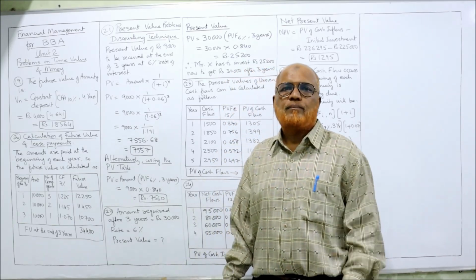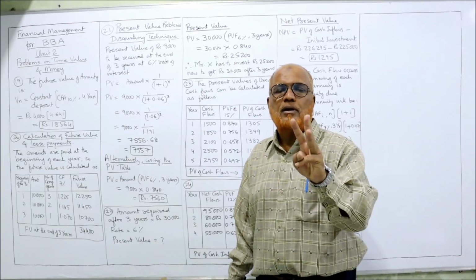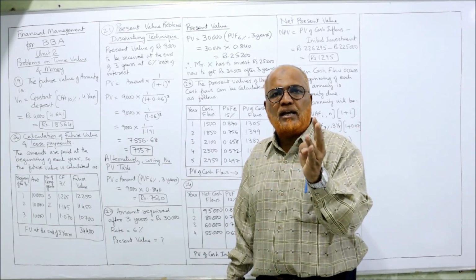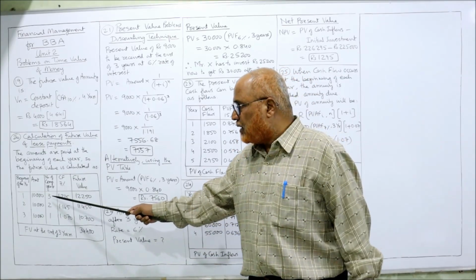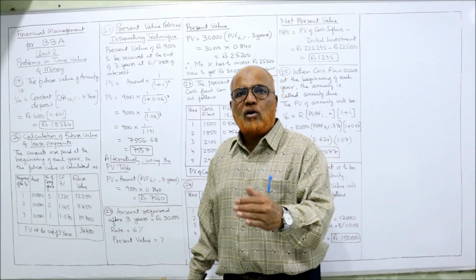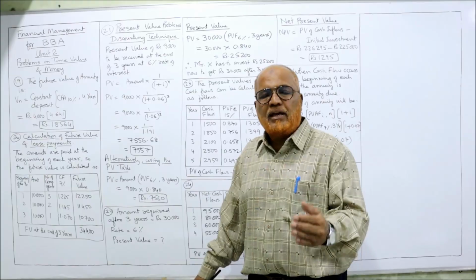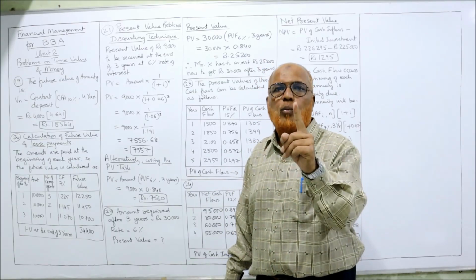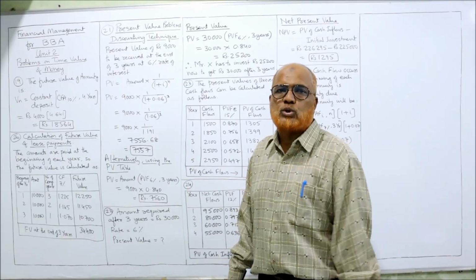When 10,000 is paid at the beginning of the year, totally how many years of compounding are there? 3 years, because first year, second year, third year. So we need the compound value for 3 years for the first payment. For the beginning of the second year we take 2 years, and for the beginning of the third year we take 1 year, because at the end of the third year we are going to get the future value.